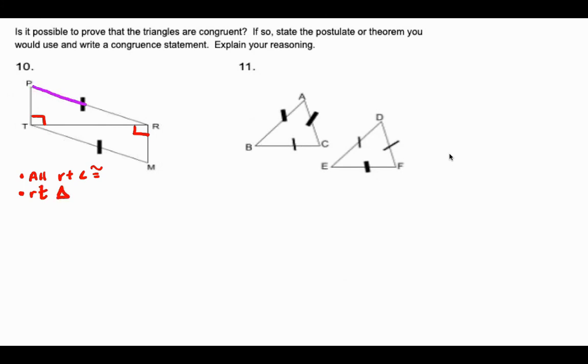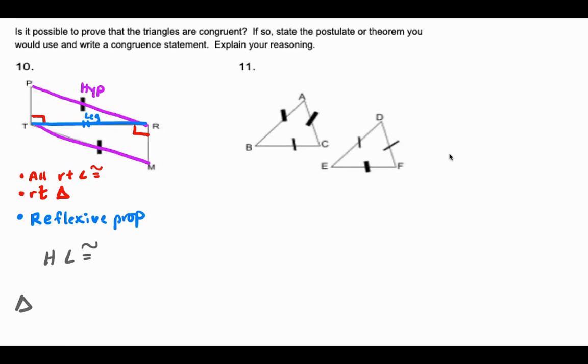We have a set of sides identified as congruent, which happens to be the hypotenuse. And then we have a situation we've had in multiple problems. We can use the reflexive property to get this shared side identified as being the same, and it happens to be a leg. So we can actually get this particular one by hypotenuse leg congruence.